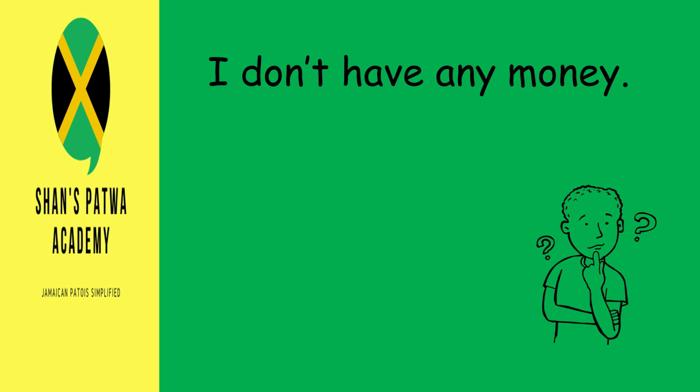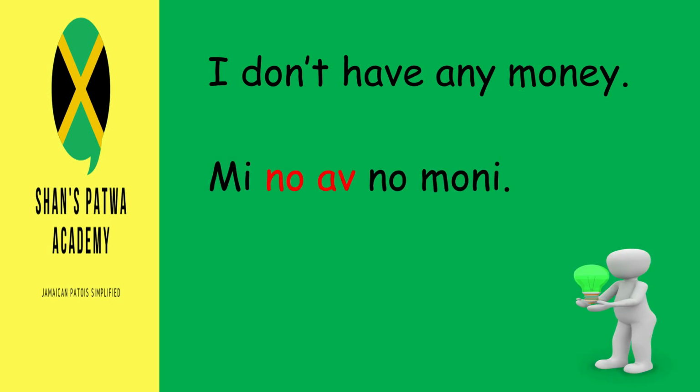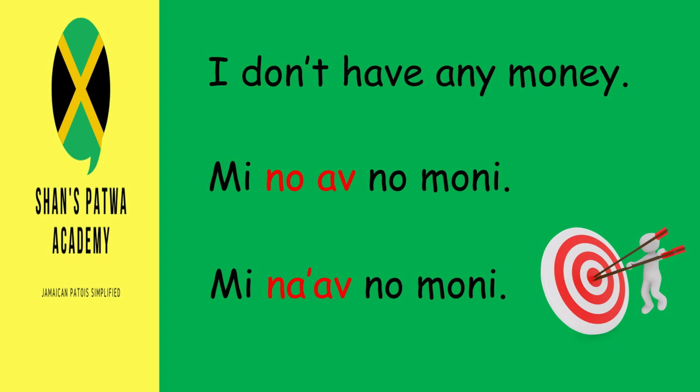In Jamaican Patois, you can express this by saying, me no have no money. And when the no have is contracted, it becomes nav. So that would be me nav no money. Both of those mean the same thing.